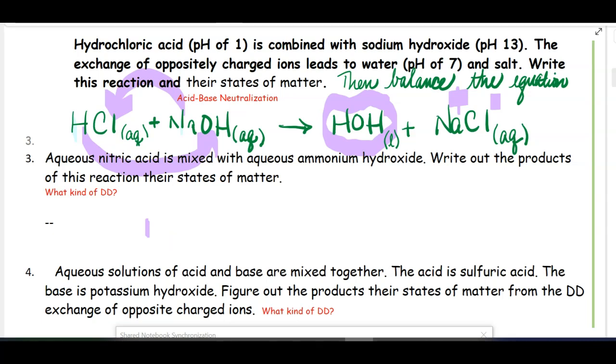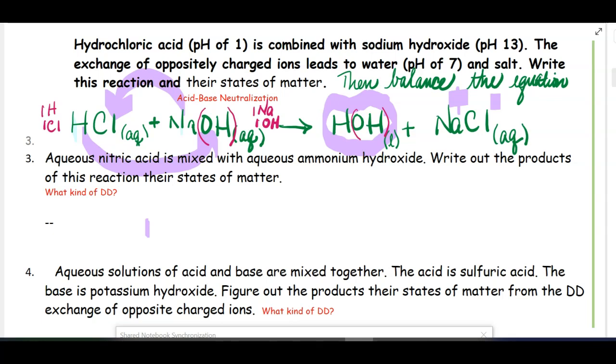Let me get my red pen. Well, I only see one hydrogen and one chlorine over here. I see one sodium and one hydroxide over here. You can see why we want to keep hydroxide separate, because it makes balancing a lot easier if you do it by polyatomic ion, if they're both on the same side.